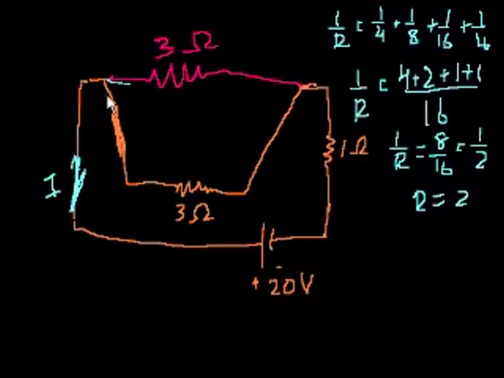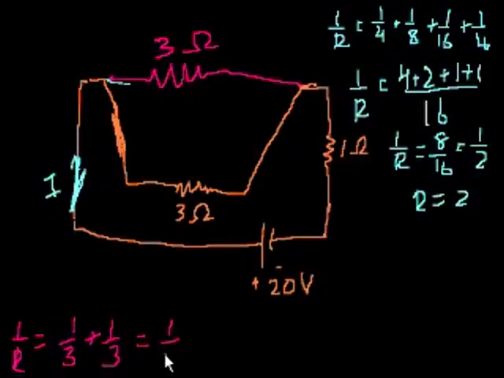So what do these 2 resistors simplify to? Well, 1 over their combined resistance is equal to 1 over 3 plus 1 over 3. It equals 2 over 3. 1 over R is equal to 2 over 3. So R is equal to 3/2, or we could say 1.5.